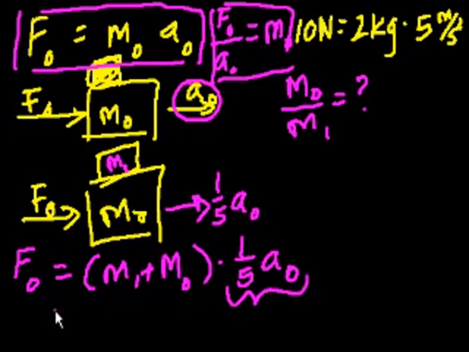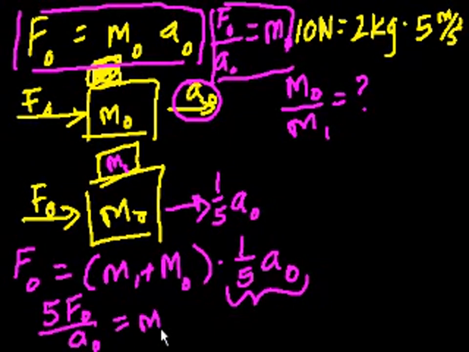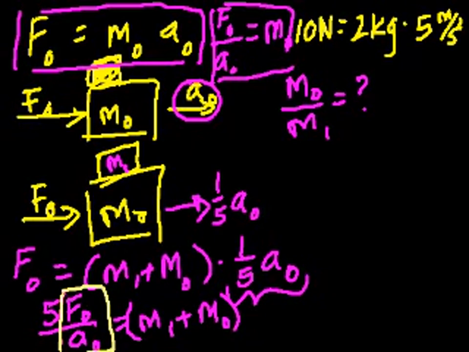And so if we divide both sides by this term right here, dividing by 1/5 is the same thing as multiplying by 5. So you get 5 f sub 0 over a sub 0 is equal to m1 plus m0, right? I just divided both sides by this term right here. Well, what's f sub 0 divided by a sub 0? It's what we solved for in the beginning, right?